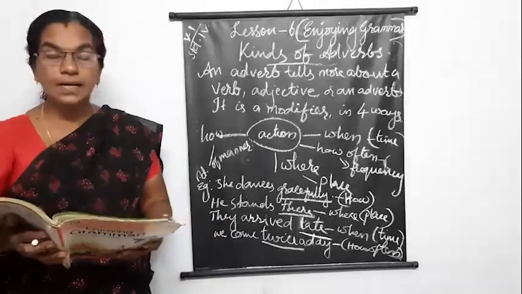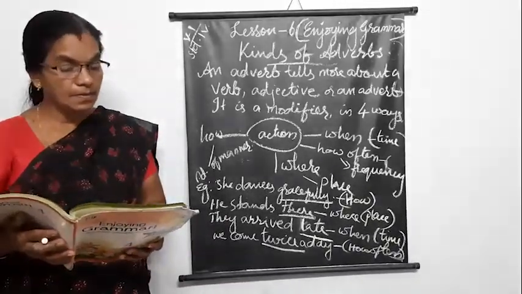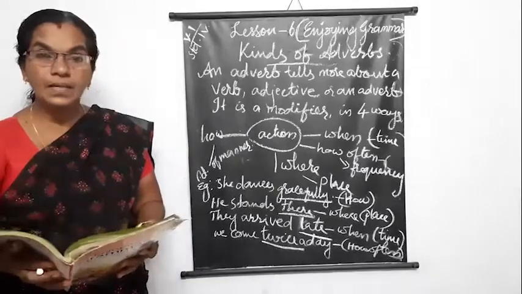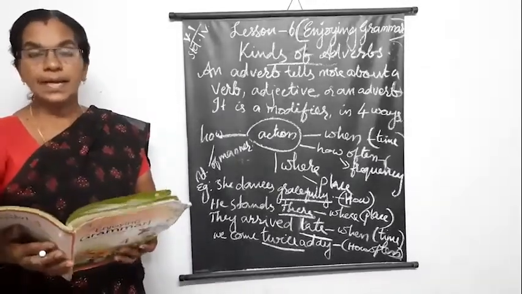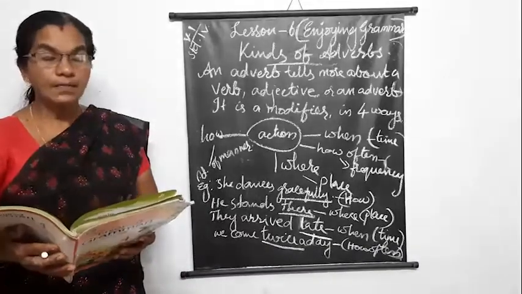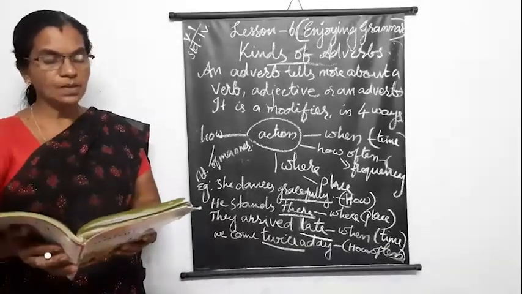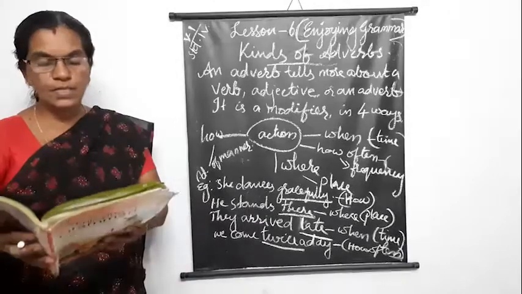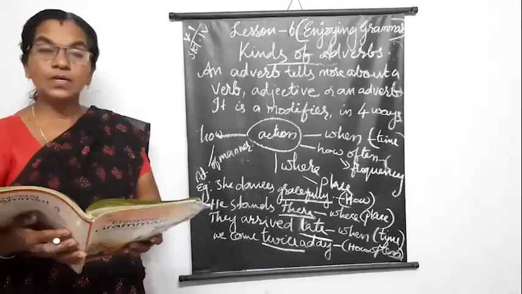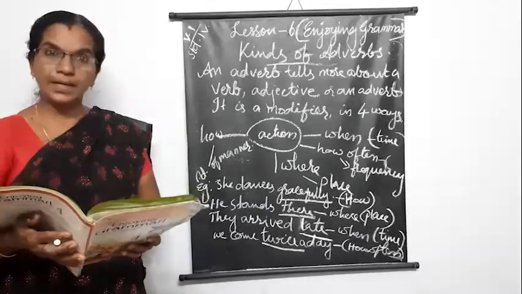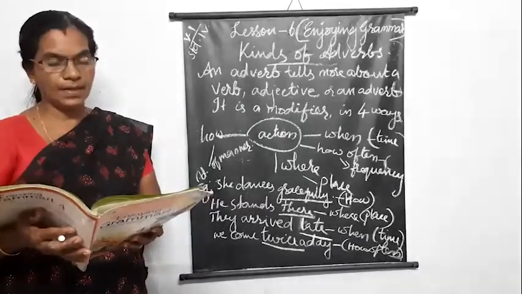When will we get the adverbs of degree? When we ask a question with the words how much, we will get the answer. That answer is the adverb of degree. For example, Julie works very hard. How much does she work? She works very hard.